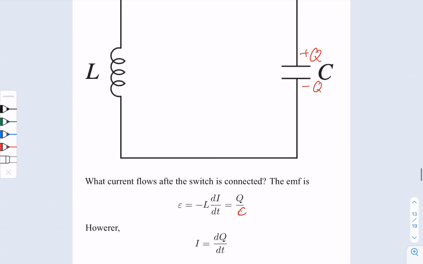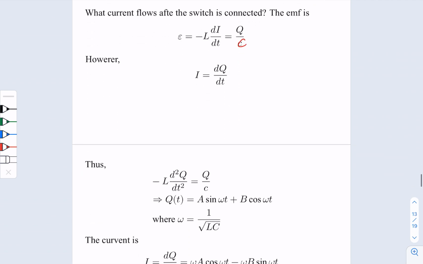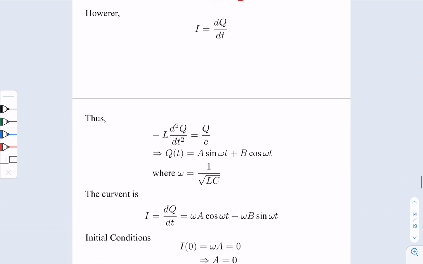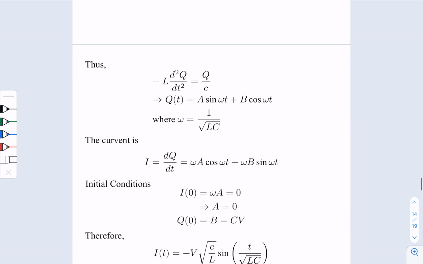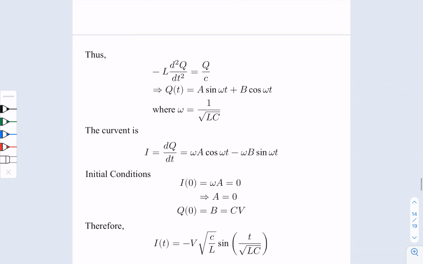So these two combined will give us a second order differential equation on Q. So Q will have a sinusoidal oscillation, and the result is here, and the oscillation frequency is one over the square root of L times C. And also, if we take a time derivative of Q, we get the current. So the current will also oscillate in a sinusoidal way. So in the end, what we get is an oscillating current.